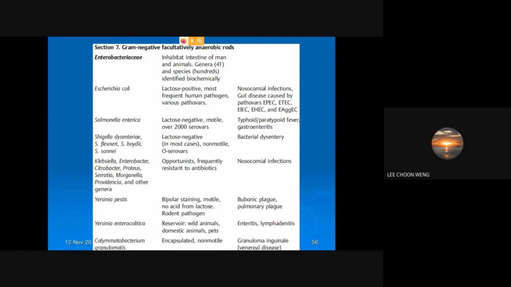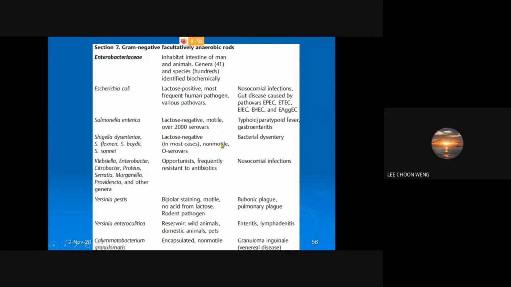So a lot of the procedures, a lot of the SOPs when isolating for bacteria in clinical samples will always include a MacConkey agar and a blood agar. Okay, from there, immediately you will be able to differentiate between lactose fermenter and non-lactose fermenters. So E. coli is the main lactose fermenter here. These are also lactose fermenters.